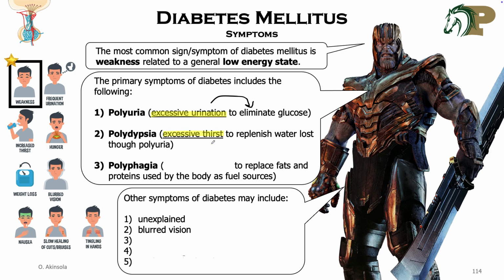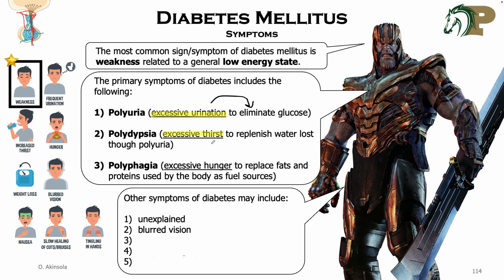And then lastly, we have polyphagia, which is excessive hunger. This comes about because, remember, you have glucose that is floating around in circulation, which means that glucose is not being used by different cells and tissues around the body, which means that different cells around the body do not have an adequate fuel source.